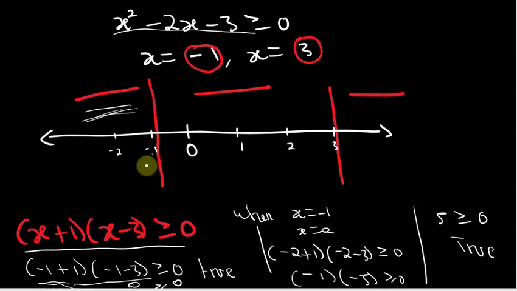Therefore, all the values from -1 up to -infinity are going to make this inequality statement true. What inequality statement can we write for the range of values there? That is going to be x less than or equal to -1, starting from -1 up to -infinity. And this statement defines all the values for this side. If that is the case, then the other side too is going to work for that.